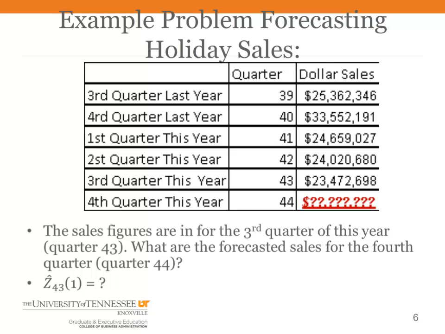That would be one important piece of information. The other piece of information would be last year, from third to fourth quarter, sales jumped from 25 up to 33, an increase of about 8 million. So you'd probably say, if you had to make a good guess, take this year's third quarter sales of 23 and add the 8 million from a jump that we observed last year, and that would be our best guess.